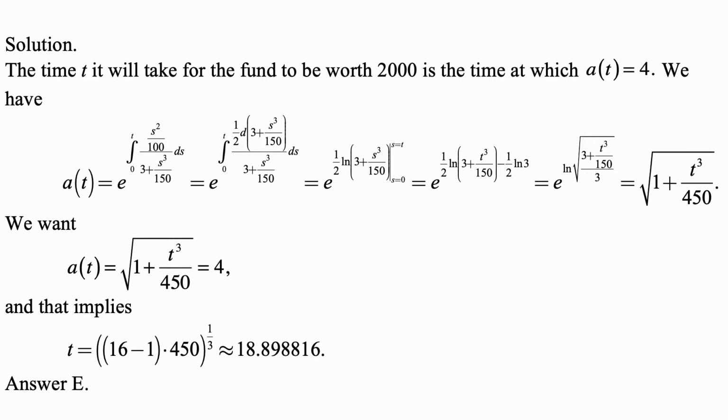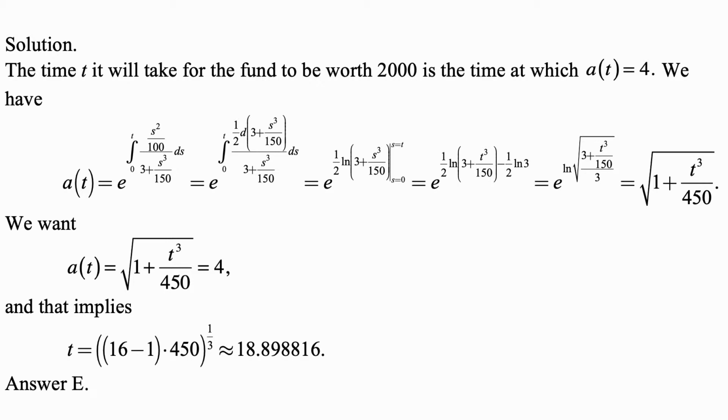And here's the solution. The initial deposit was 500, so to get to 2,000, the accumulation function has to go from the initial value of 1 at time 0 to a value of 4 at time t, so a of t has to be 4.